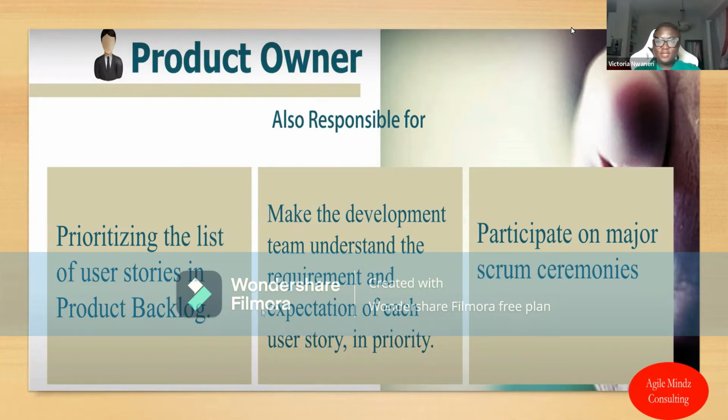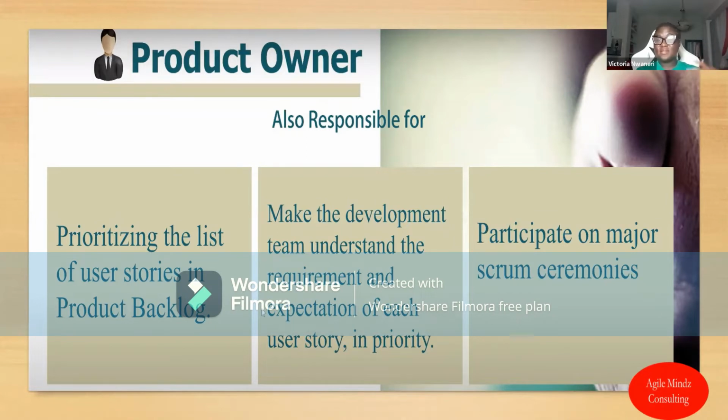Another responsibility that they have is to make sure that the development team understands the requirements and expectations of each user story, especially in priority order, right? So they are there to guide the team in understanding those requirements. It's their job to ensure that the development team understands those requirements, because through understanding, they're able to really build quality code, right?